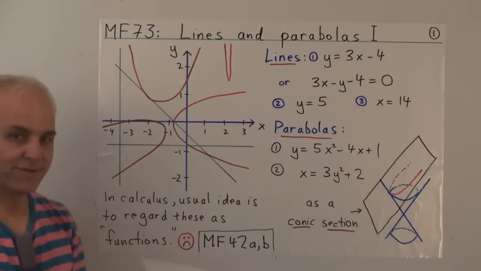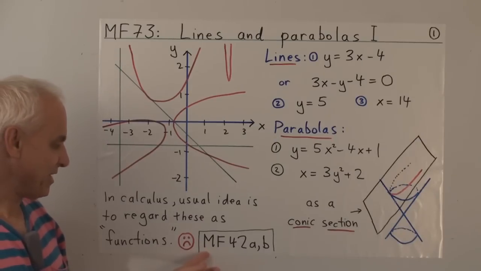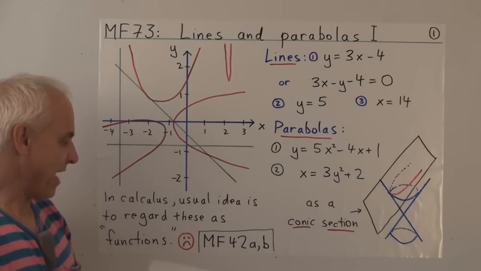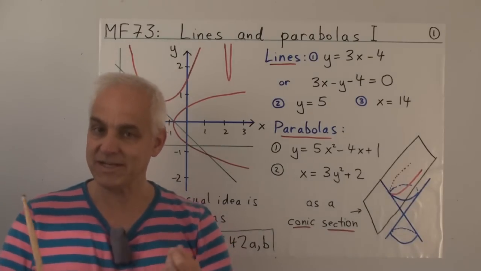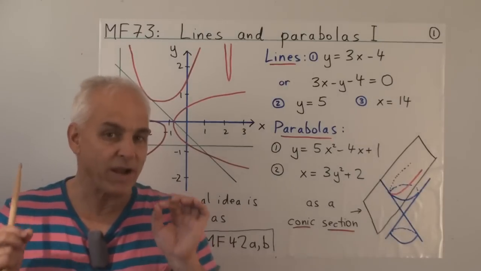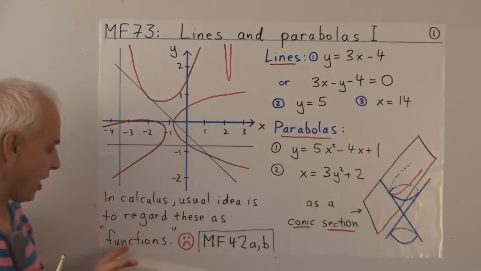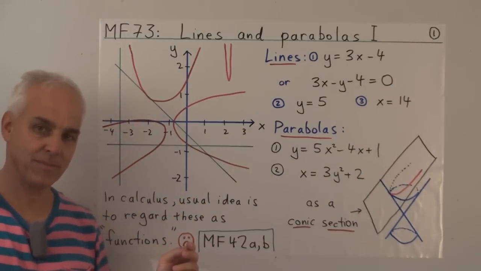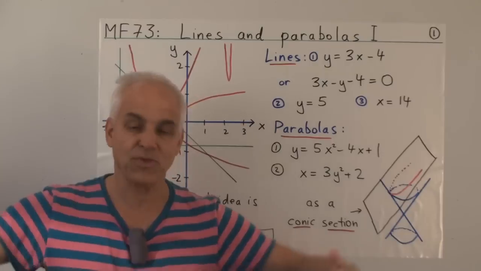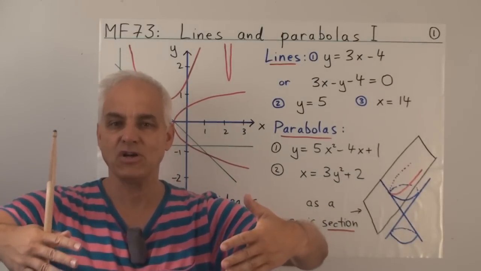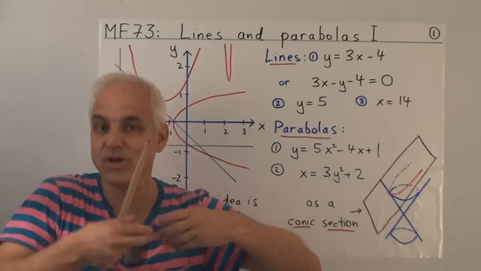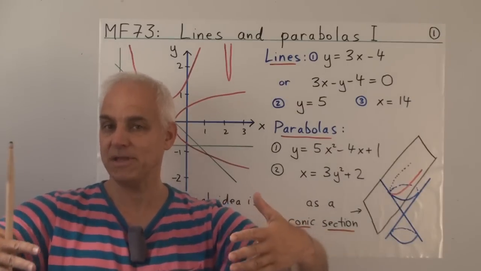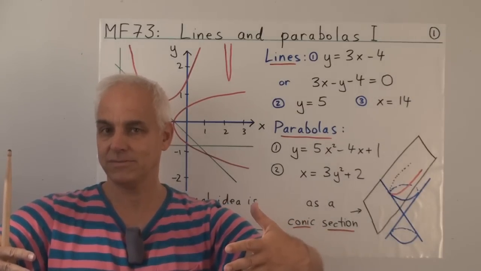This is unfortunate. And I remind you that you can have a look at Math Foundations 42, A and B, where I discuss the very significant problems with defining what exactly we're talking about when we're talking about a function. So it doesn't make sense to think that we already have this idea of a function, and then a linear function or a quadratic function is something contained inside that concept that's already well defined.